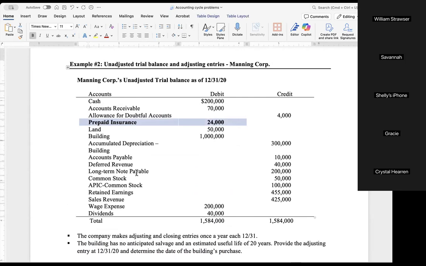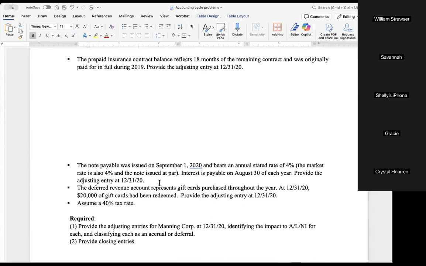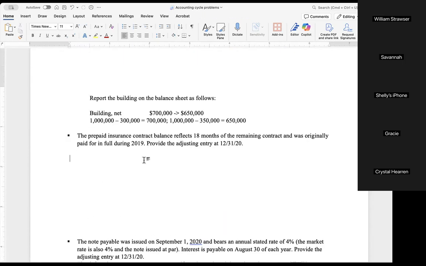If I take that piece from the unadjusted trial balance, 24,000 is for 18 months, and if I take that ratio, I get the amount per month. And if I multiply that, how many months do I want to record during 2020?